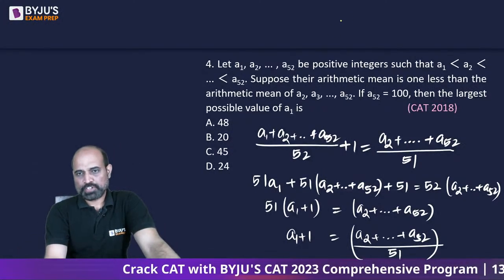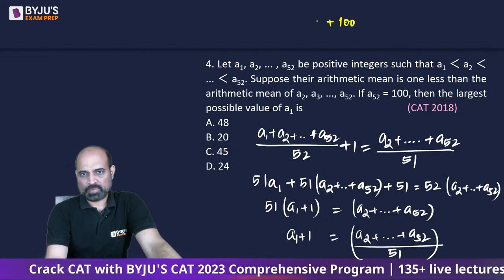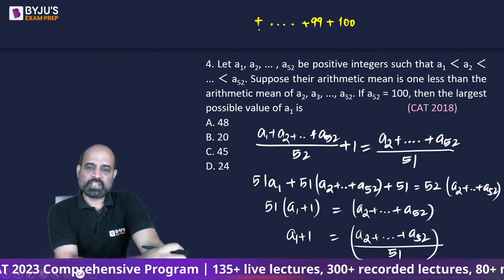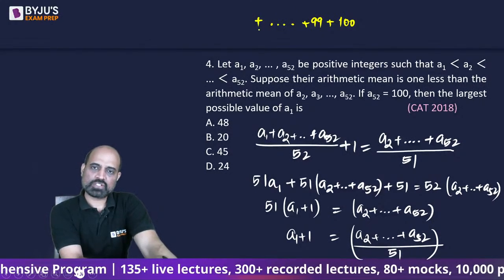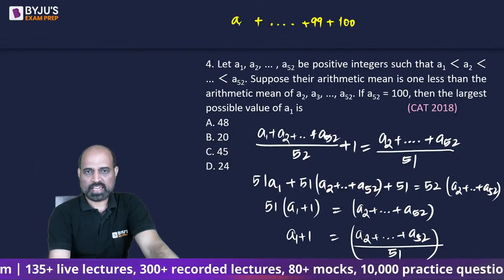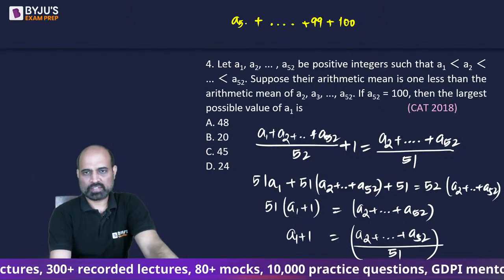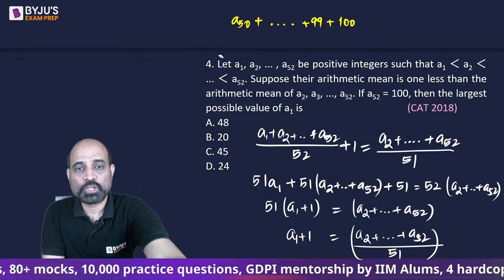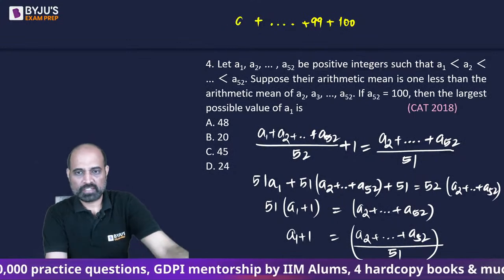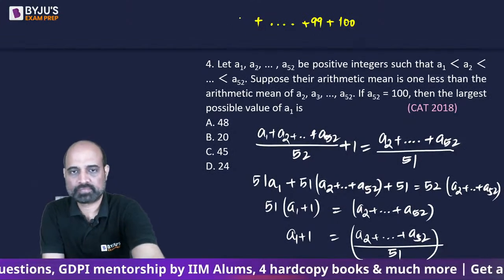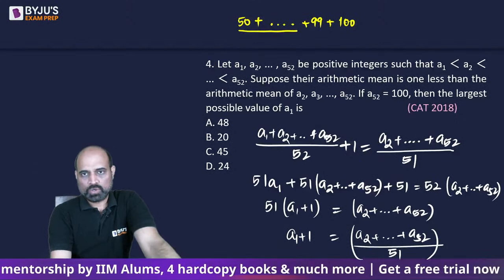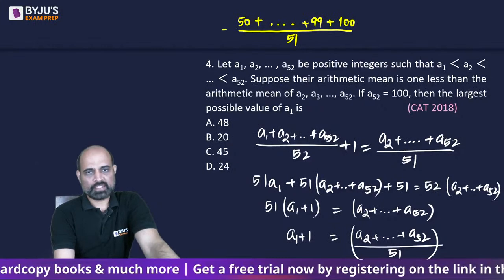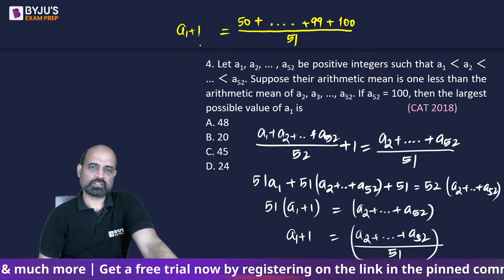Suppose a52 is going to be 100, the one before that is going to be 99, and this continues, and that means a2 is going to be 50, sorry, not a50. Whole divided by 51, and this is going to give us a1 plus 1.